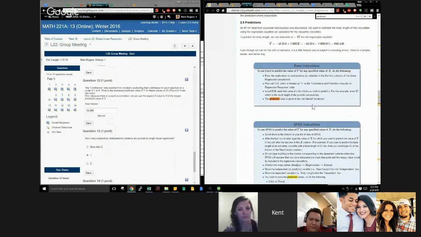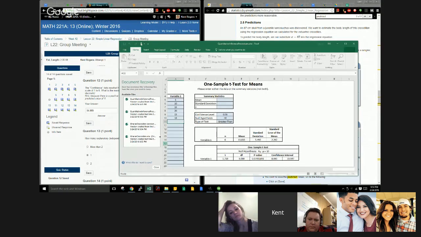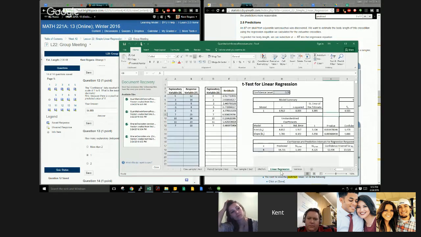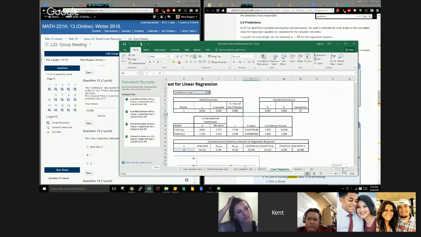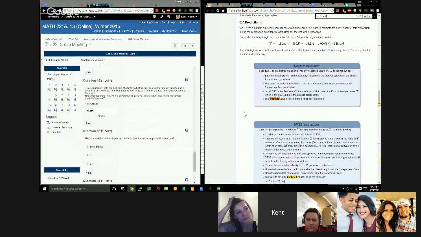Predicted value is given in the cell labeled predicted. Yeah, I guess they do mention in the text to just use the predicted one, not the prediction interval. I guess we'll probably do that next lesson or something.